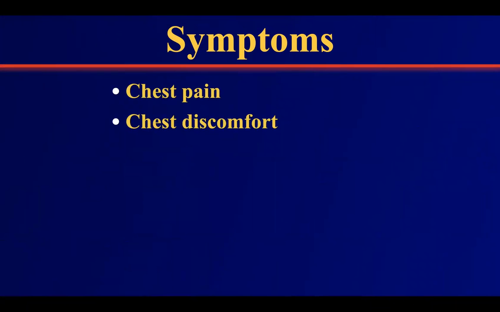The cardinal symptoms are chest pain and chest discomfort. Chest pain is very, very important, and patients describe chest pain increasing during nighttime. As a general rule, if a pain increases during nighttime, the reason can be malignancy.